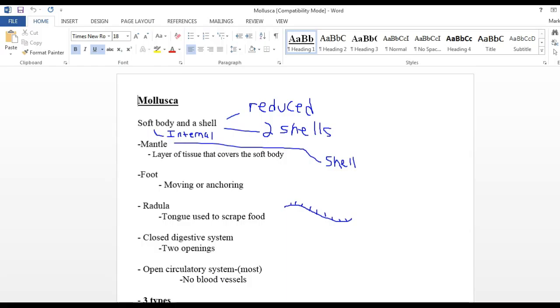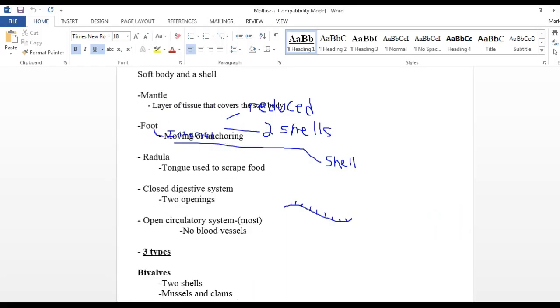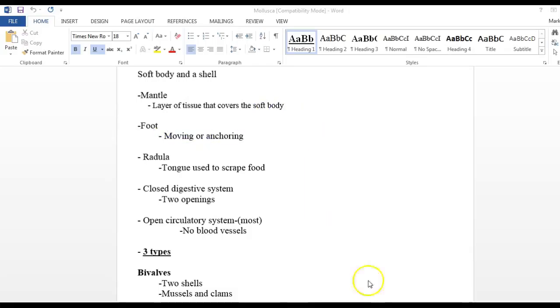And then they have an open circulatory system. Now that's most, because some of the more advanced ones do not have that. They have closed with vessels and such. But you think of a mussel, they just have bathed organs. Now even a mussel has a heart. So there are some vessels, but in general it's an open circulatory system for that group.